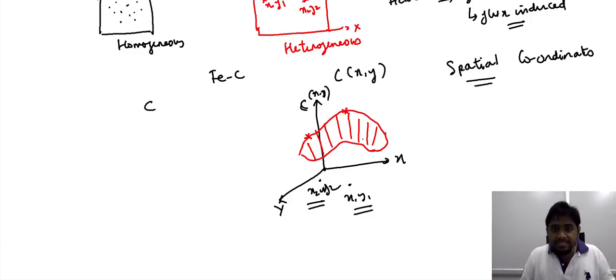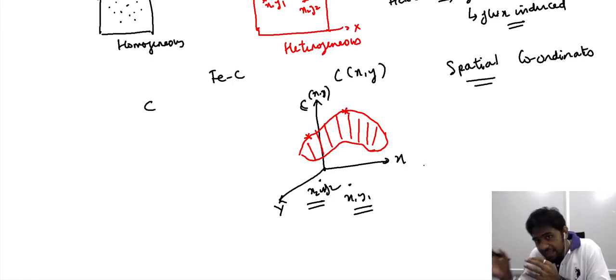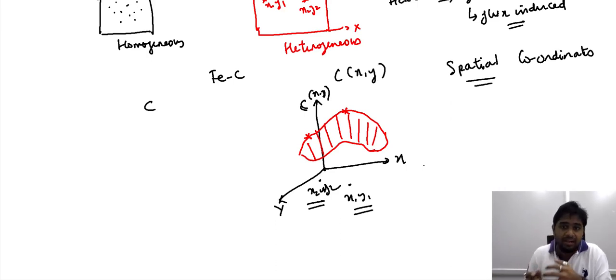Now since the concentration is dependent on x and y, it is possible for us to consider what would be the change in this concentration if we consider just the x-axis of our spatial coordinates, and separately we consider the y-axis of our spatial coordinates. Let me repeat. Now we have a concentration that is dependent on spatial coordinates.